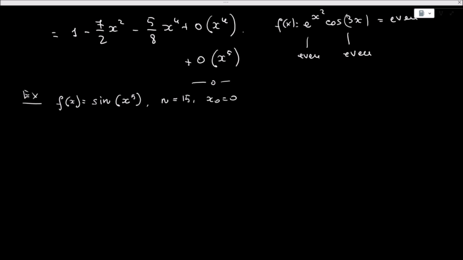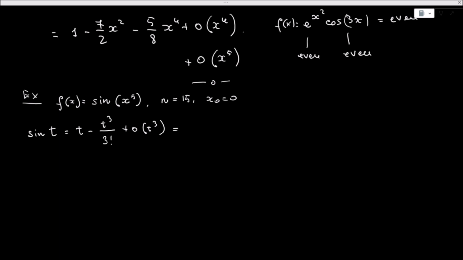Now, if we resort to the composition theorem, the first thing we need to do is expand the sine of t, which we know is t minus t to the cube divided by 3 factorial, and when we replace t with x to the fifth, we are already at x to the 15, so we can stop just here and write little o of t to the cube.